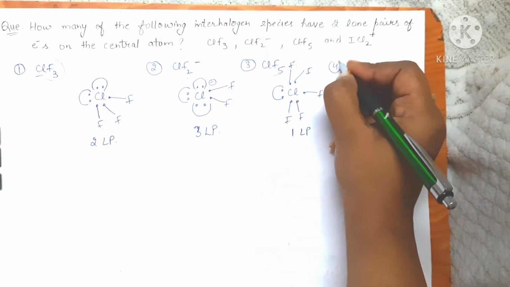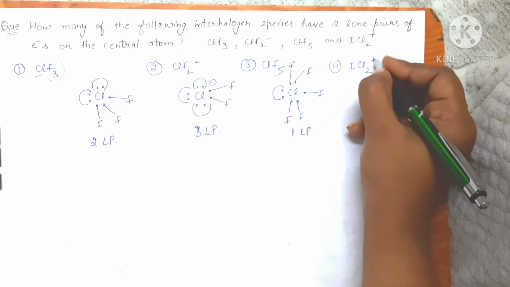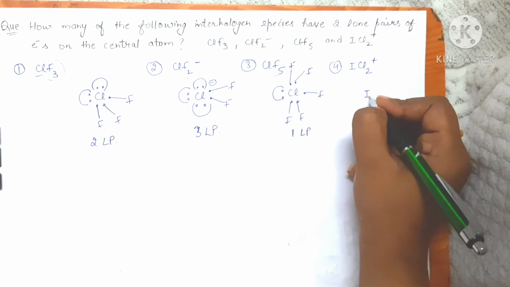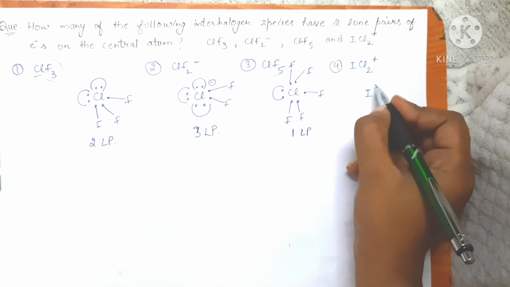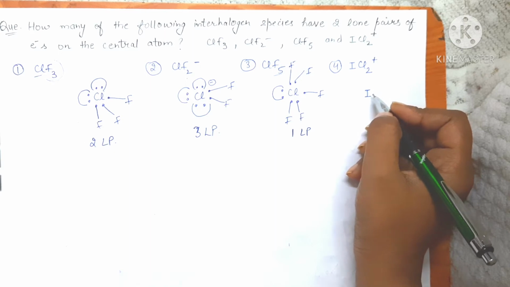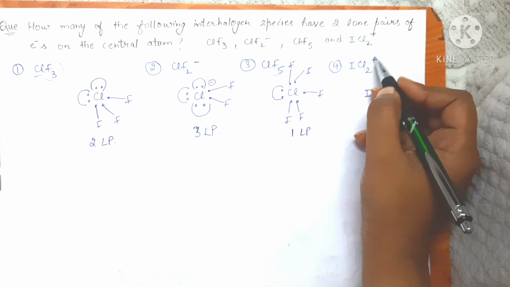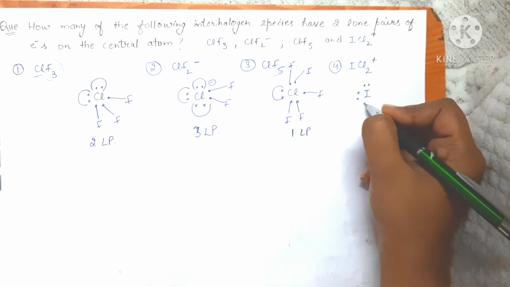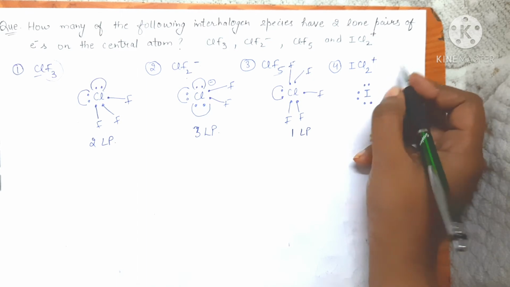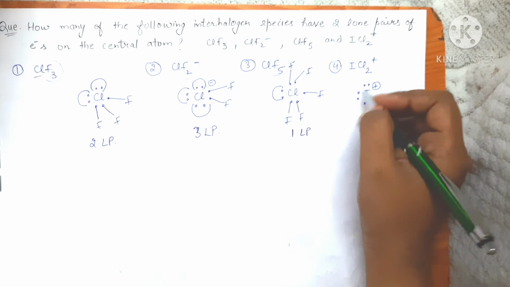Now moving on to the fourth molecule, which is ICl2 positive. Here iodine is also a halogen, so it will also have 7 electrons in the valence shell. But if I want to consider this positive charge on this iodine, then I can show 6 electrons. 1 electron is removed because of the positive charge, so there are now 6 electrons in the valence shell.